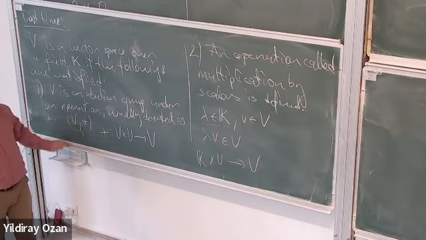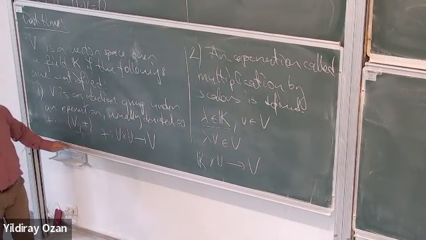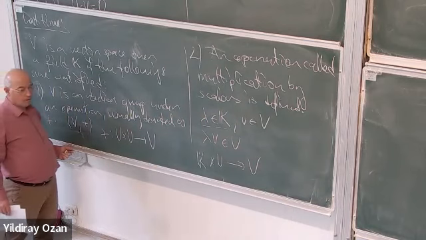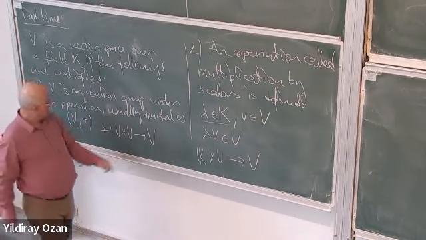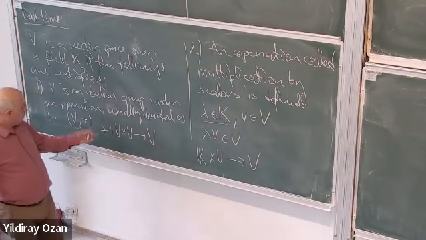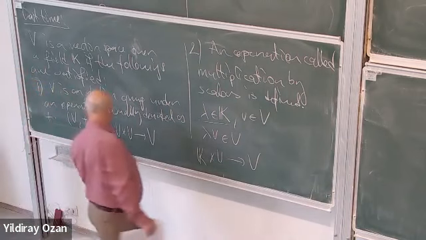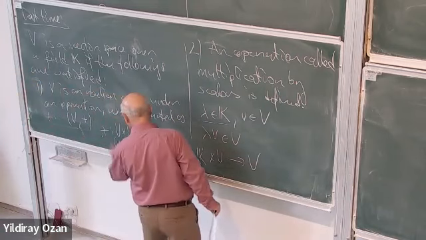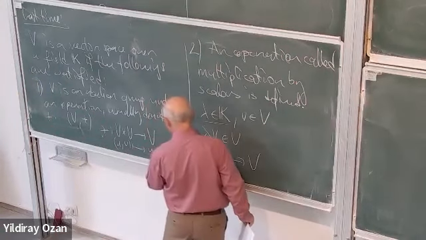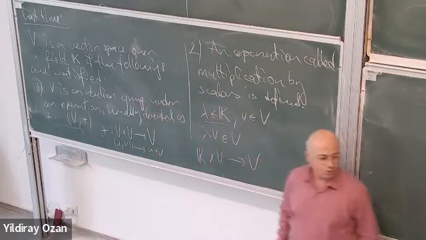And then the next is plus. Here this is just a notation. This operation takes two vectors, let's say u and v, and maps them to this sum.